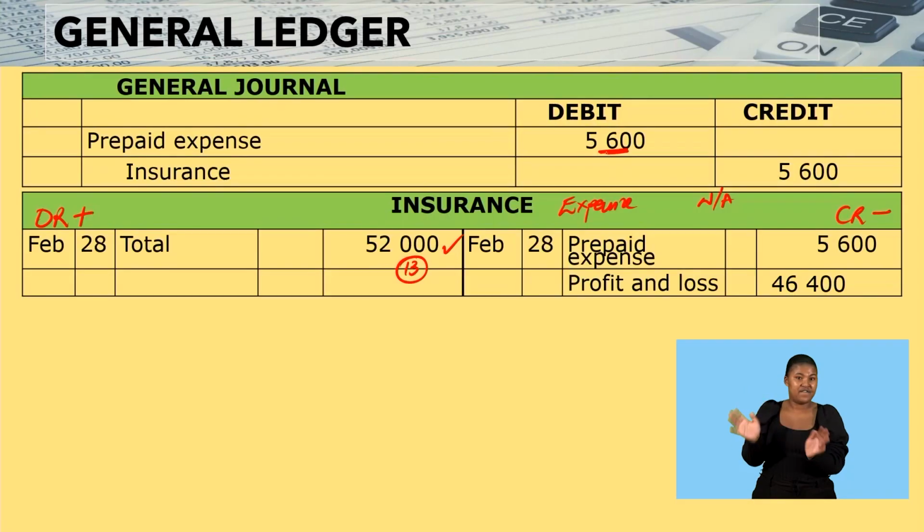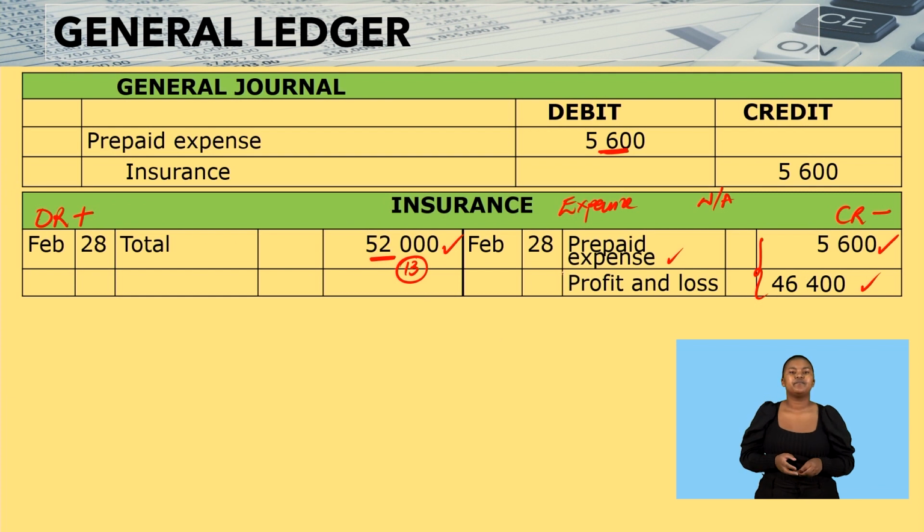You remember the 5,600. So I come to the credit side and say prepaid expense 5,600. Once I have done that, if I close off my ledger account, I will have profit and loss, which is 46,400. If you add these, they give you the same 52,000 again.